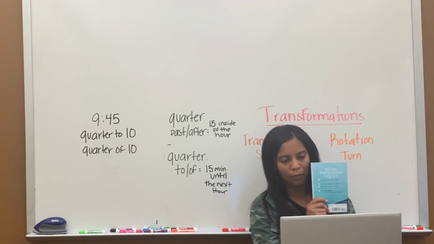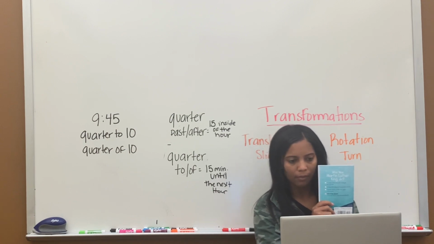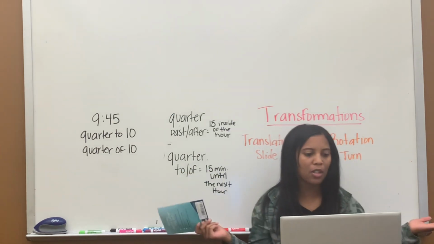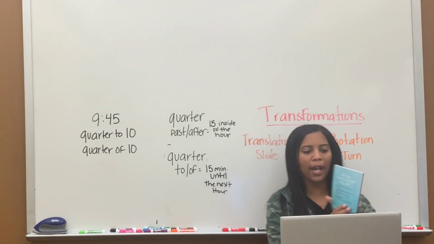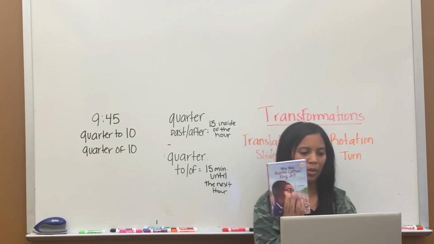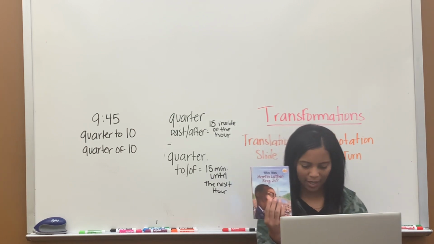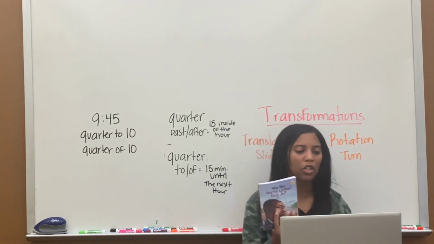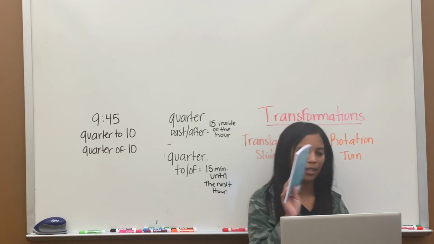What happens when you flip it? I can't see his face. Yeah, because you flipped it. Now flip it back. And now it should be right again. So this is called a reflection. A reflection is when you flip it.